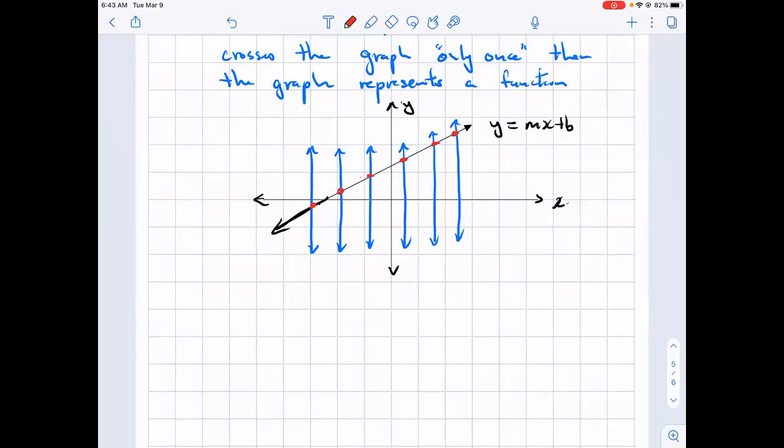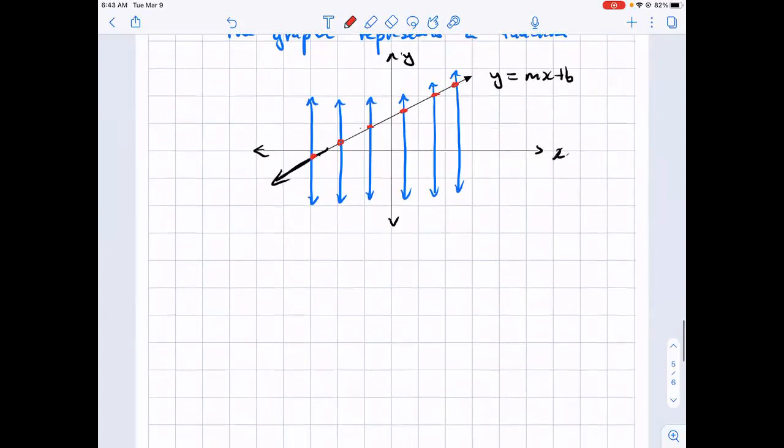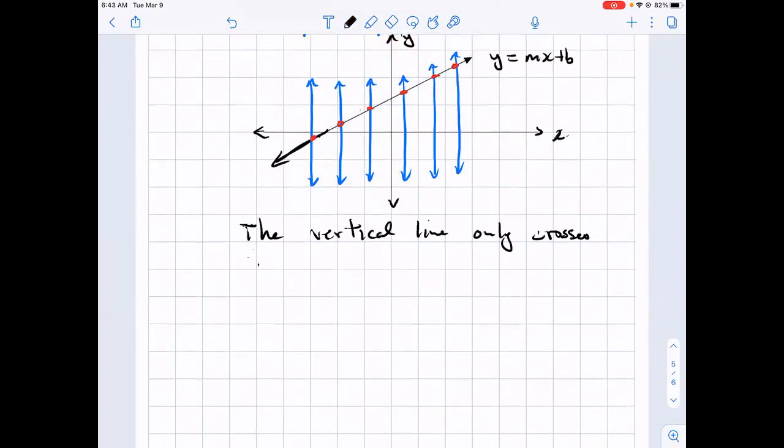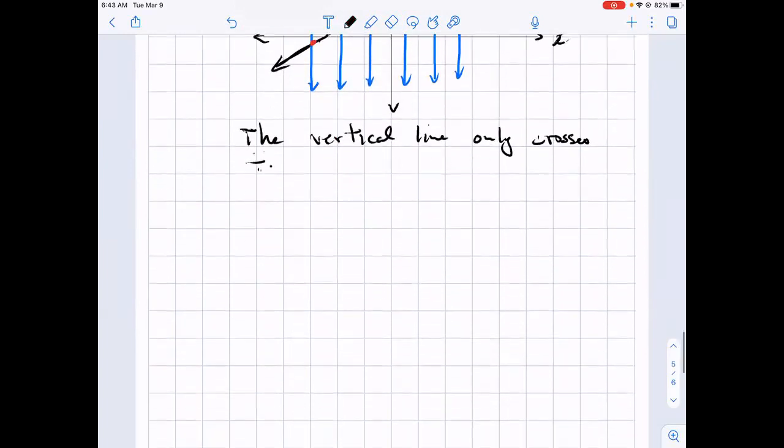After redrawing my graph, you will notice that any one of my vertical lines only hits it once. So the vertical line only crosses the graph once, one line at a time.